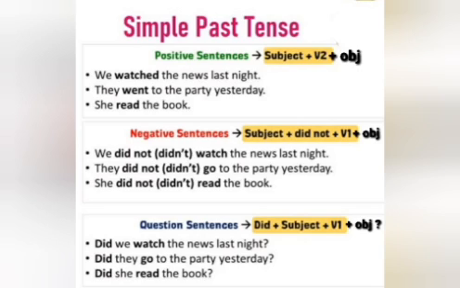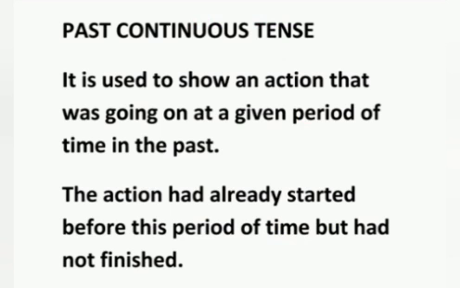Next we have past continuous tense. Now past continuous tense is used to show an action that was going on at a given period of time in the past. Now the action had already started before this period of time but had not finished.